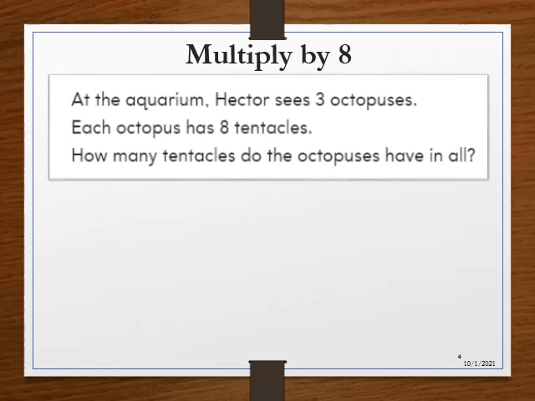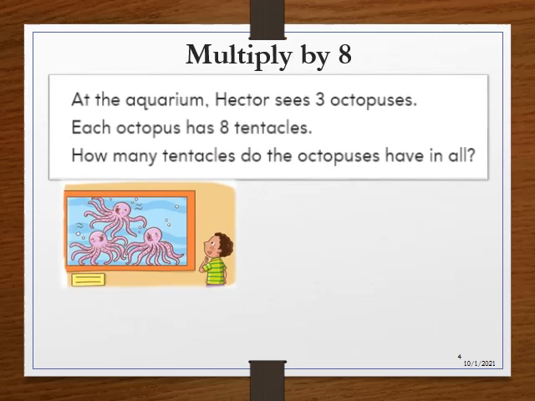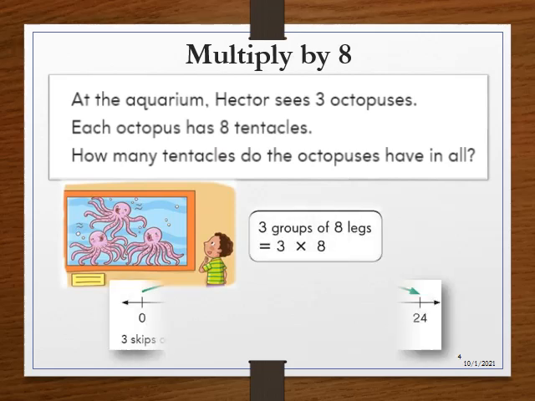So instead of writing 8 plus 8 plus 8, we will do it easily in one step, and I will use a different operation, which is multiplication, and I will say 3 times 8, which is 3 groups of 8. So let's see here. I have 3 groups of 8, which is 3 times 8.